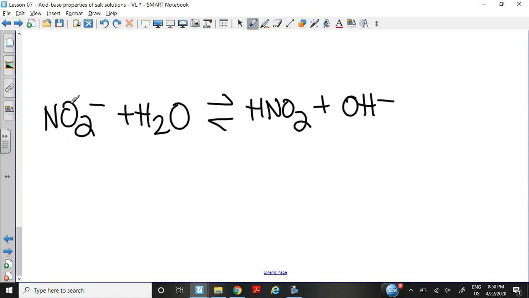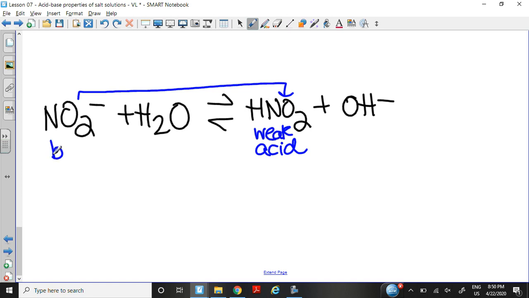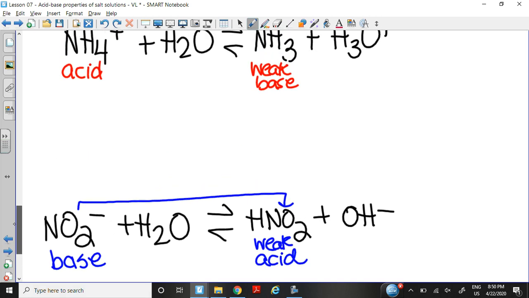If we look, nitrite is forming HNO2, nitrous acid. Nitrous acid is a weak acid. Since that ion's accepting a hydrogen, it's acting like a base.